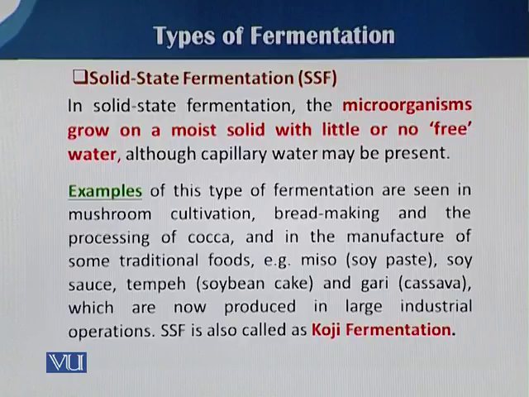Solid state fermentation is also known in the literature as Koji fermentation, because a scientist named Koji did detailed work on solid state fermentation. So you can find solid state fermentation in the literature by the name of Koji fermentation.